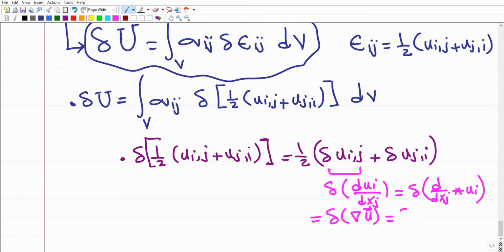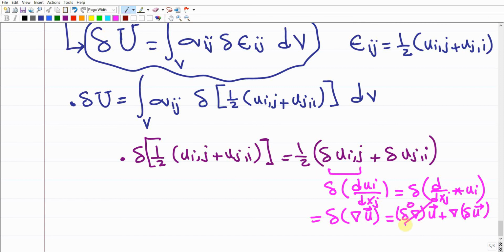So this is going to give us the first variation of the gradient, delta nabla, times the displacement vector, then we're going to have the gradient operator, then we're going to apply the first variation to the displacement vector itself, like the derivative of the multiplication of two functions. Make sense?